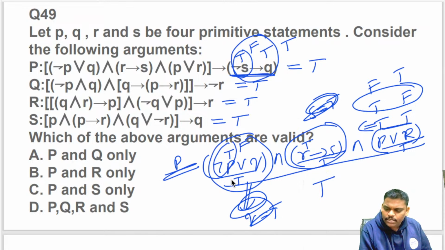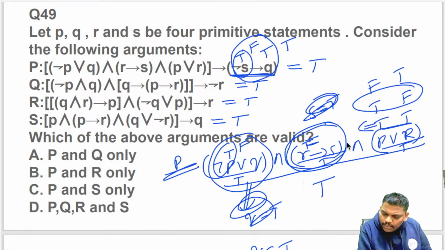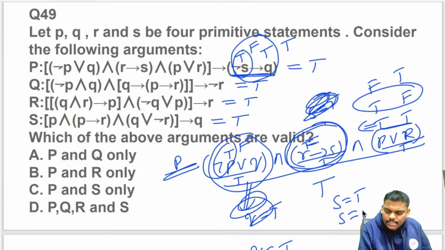P true, R false. So P true means Q true. R is false, so S may be true or S may be false; it doesn't matter.